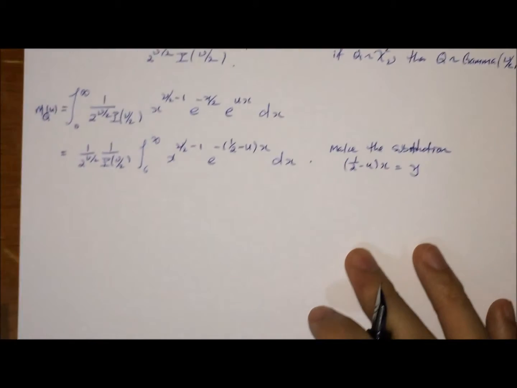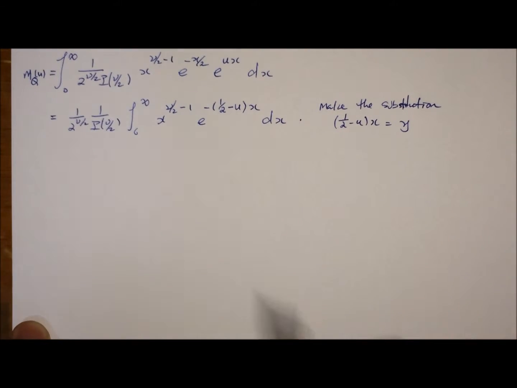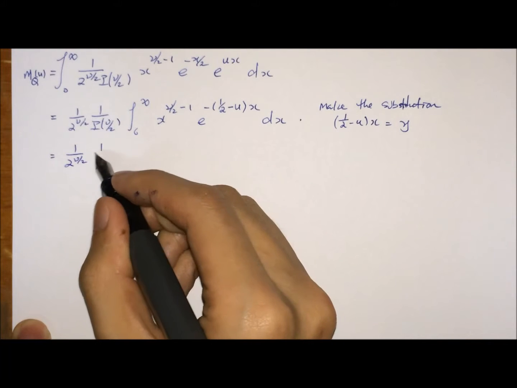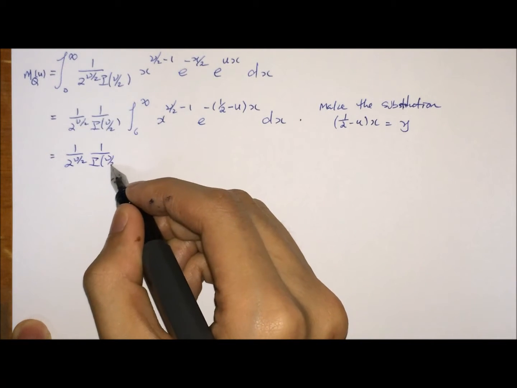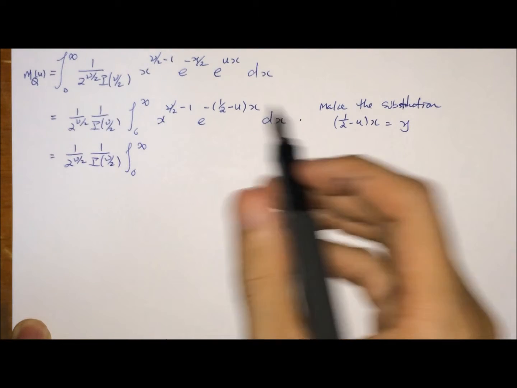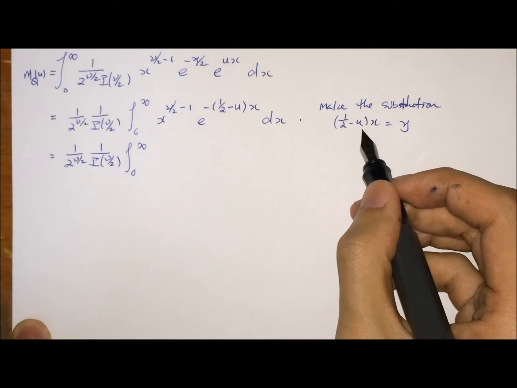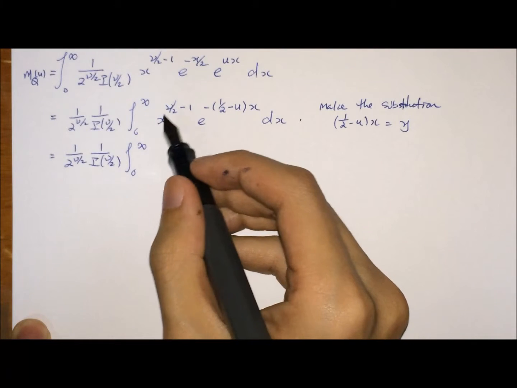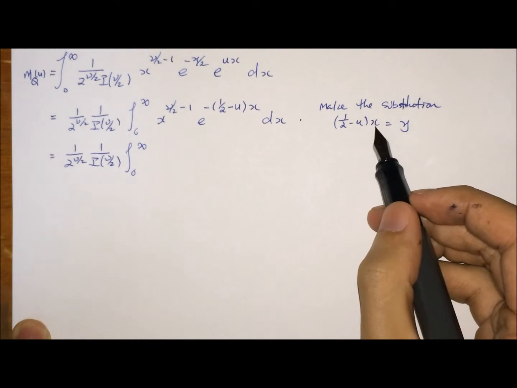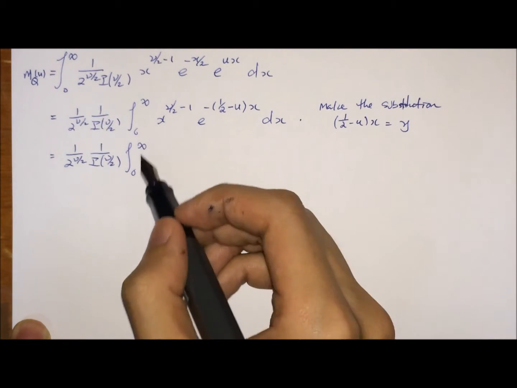Okay, so let's move the paper up. Once you make the substitution, you write these constants out again. The limits don't change: when x is 0, y is 0, and when x is infinity, y is infinity.